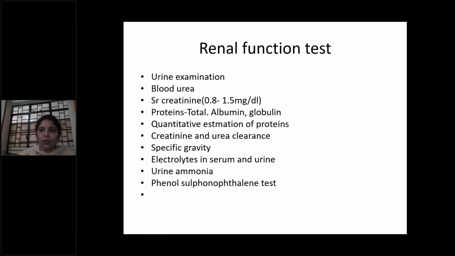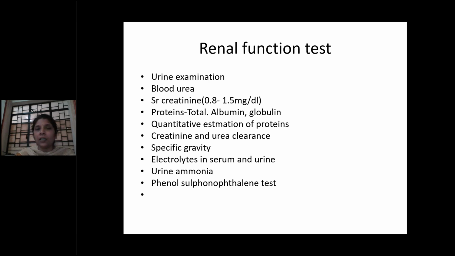You will be shown all these things when you come back. It is an elongated instrument where you have to spin. Again, details will be taken when we are dealing with urine examination. Electrolytes in serum and urine, ammonia and phenolsulfonphthalein tests are also done.